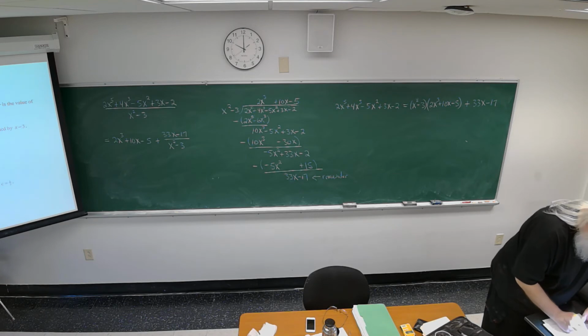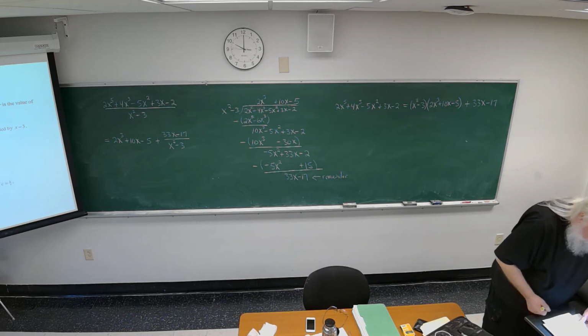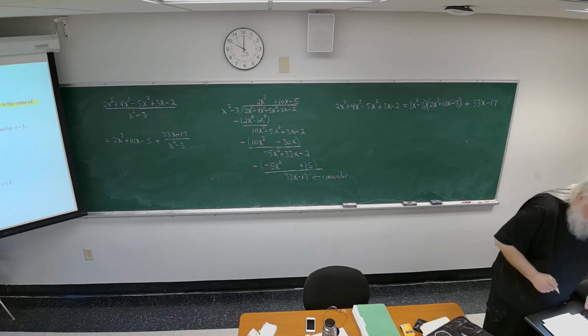If a polynomial is divided by x minus c, which is called a linear polynomial because it's x to the first power, then the remainder is the value of the polynomial at x equals c.